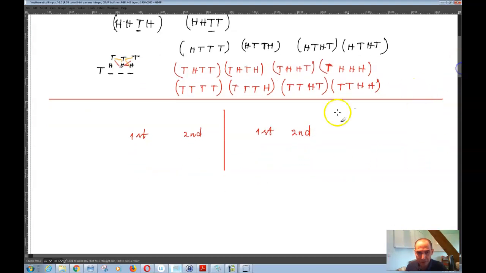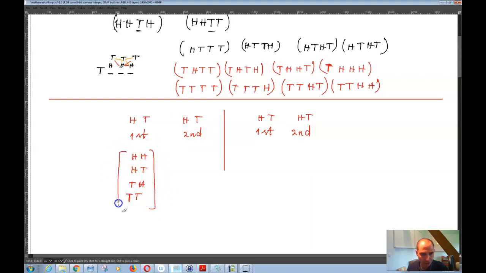Now, since the first time I could get an H, a T, an H, a T, an H, a T, and an H, a T. So this is easy. I can simply write this as, for example, HH, HT, TH, and TT. That I can do. So these are basically the 4 different possible results over here.